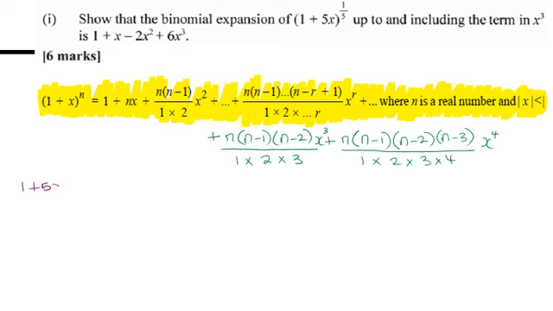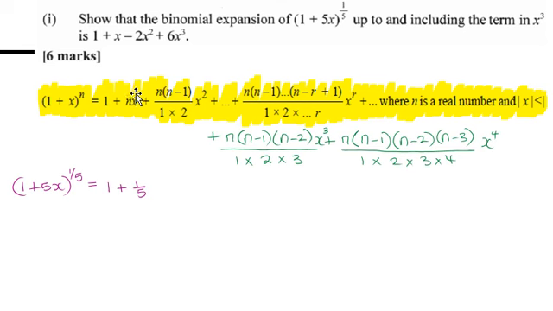So our 1 plus 5x raised to the 1/5 is equal to 1 plus, our power is 1/5, so our n is 1/5. So 1/5. Now instead of having x, we have 5x, right? What's in our bracket is a plus 5x.